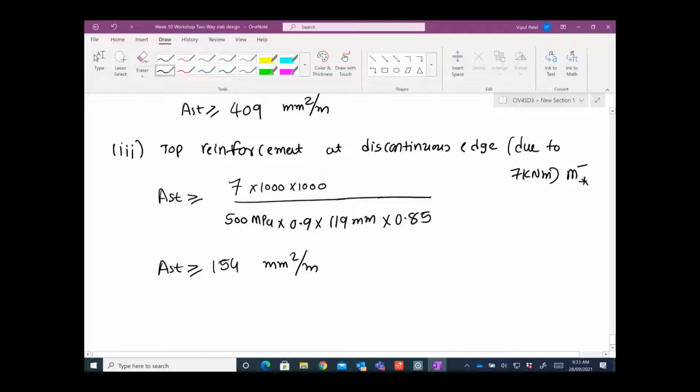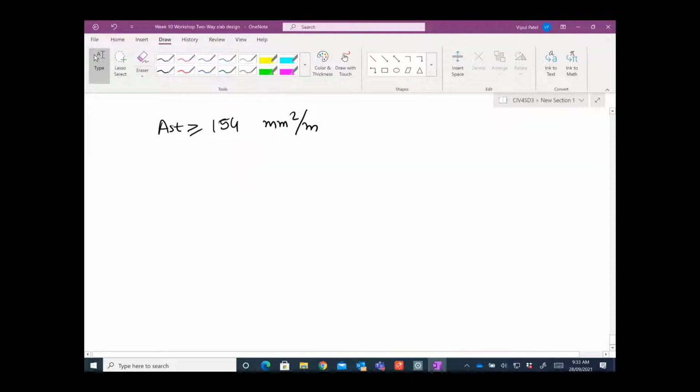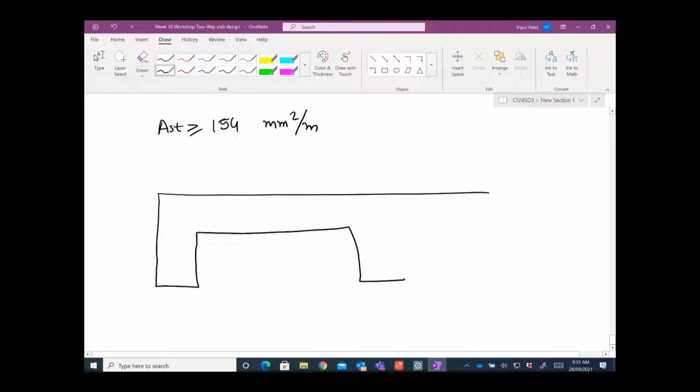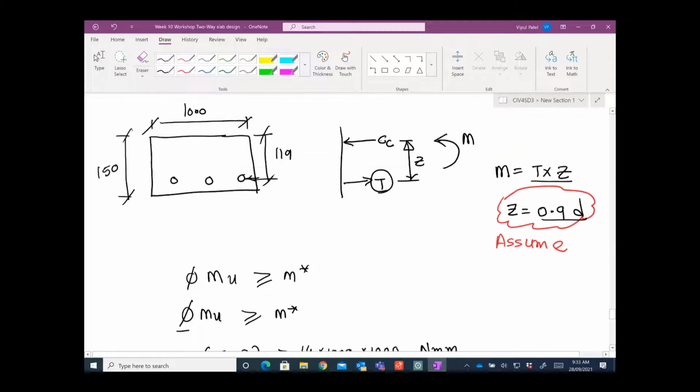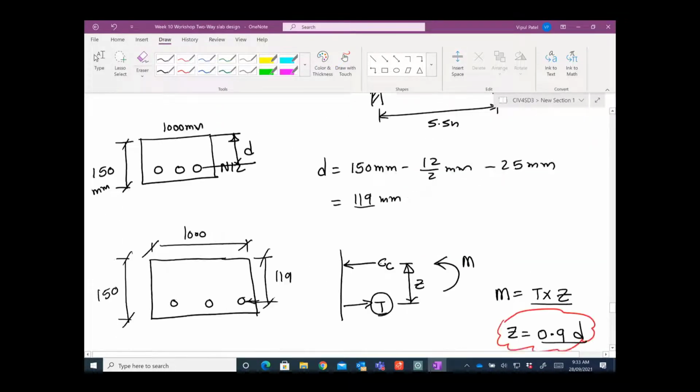Now we found these three different reinforcement, right? If I redraw this reinforcement in the slab, this is your beam, this is your slab, and this is your continuous edge. So we found this reinforcement here. That was bottom reinforcement due to positive bending moment.